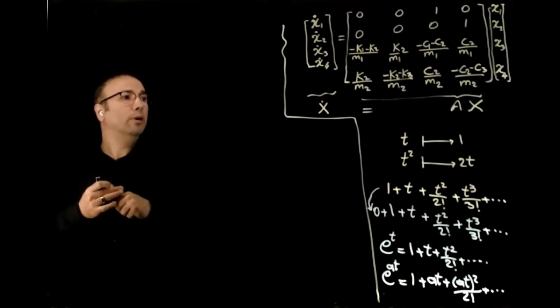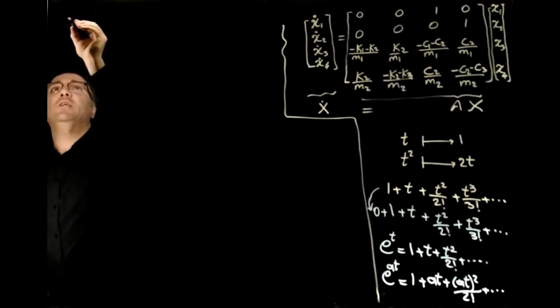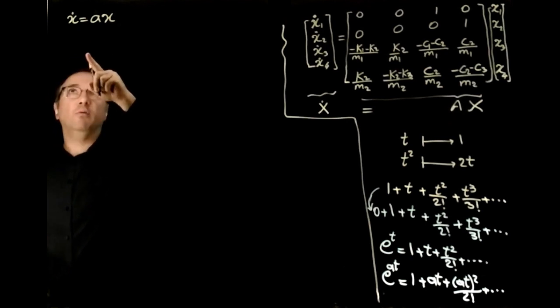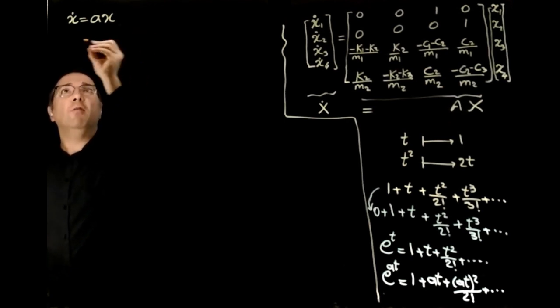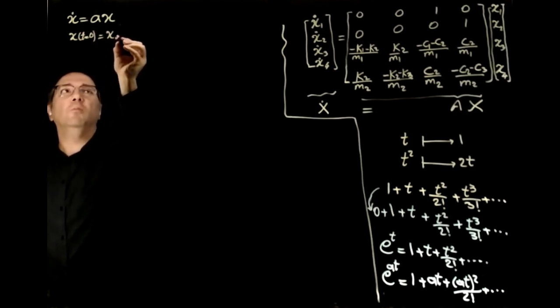All right, now, so if I have just a one-dimensional differential equation, let's say x dot equals a x. This is one-dimensional, not a vector, 1 by 1. And then let's say x at time 0 equals x0.